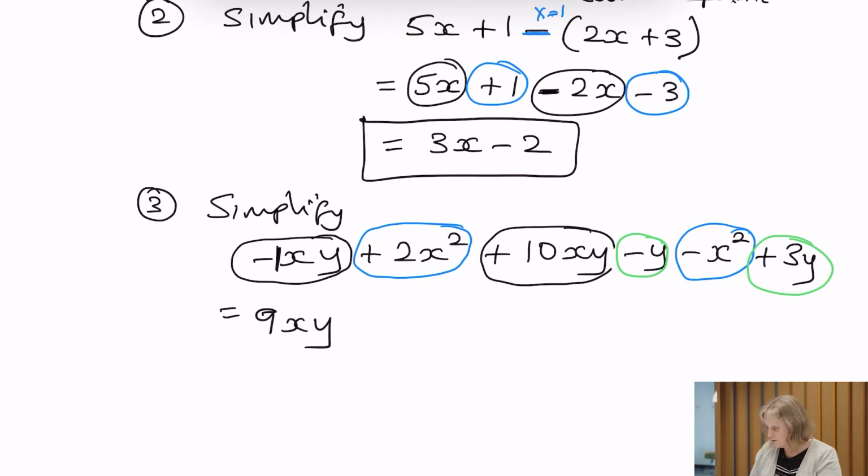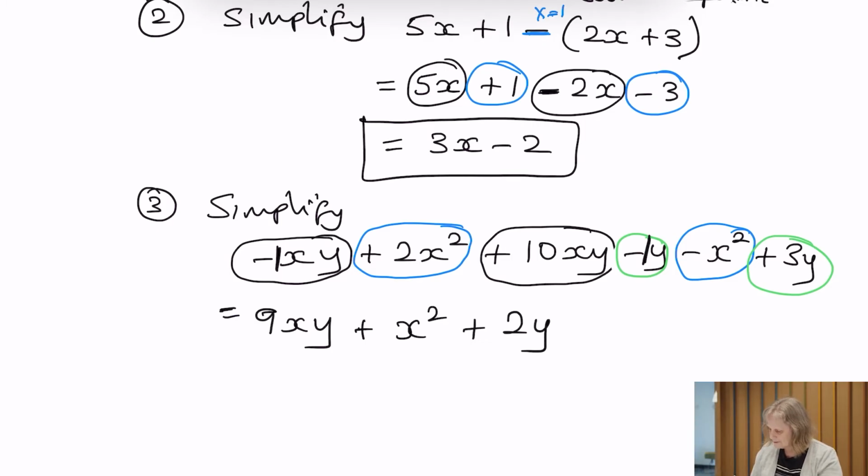Now when we're adding the like terms, -1xy plus 10xy is going to give us 9xy. And the other two like terms here, 2x squared minus x squared, is going to give us plus x squared. And when we look at the terms in y, we recognize that that must be -1y. There's no coefficient there, so we put in the 1, -1y plus 3y, which is going to give us plus 2y here.